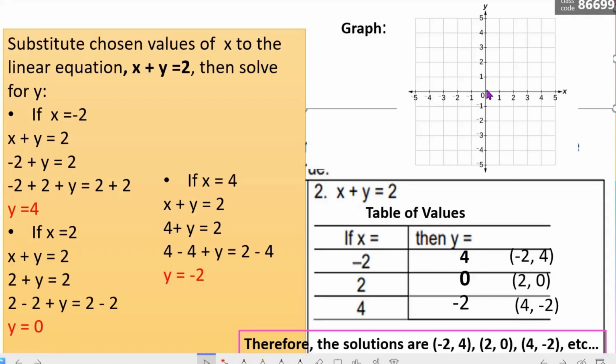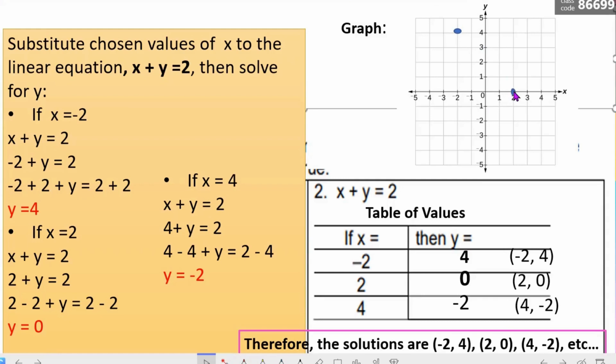So negative 2 comma 4, that's negative 2, and then 4 is going up, so our point is right up there. And then 2 comma 0, so the x coordinate is 2 and y is 0, so right here.